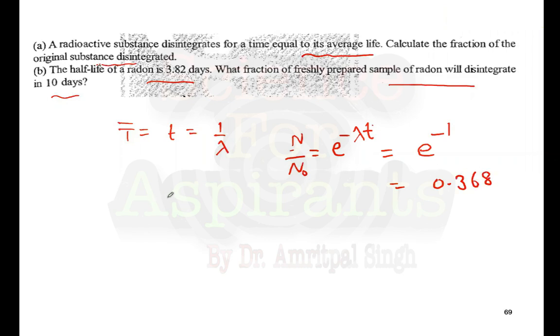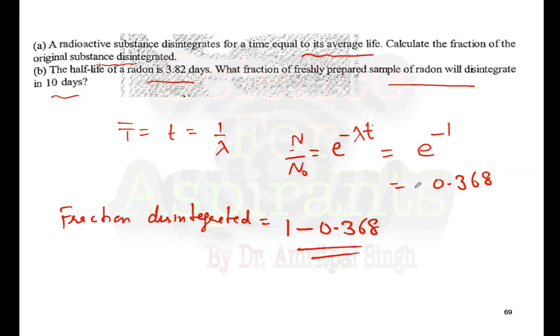Therefore, the fraction of original substance disintegrated is 1 minus 0.368, because this is the value of N over N naught, which represents how much is being left at that particular time.